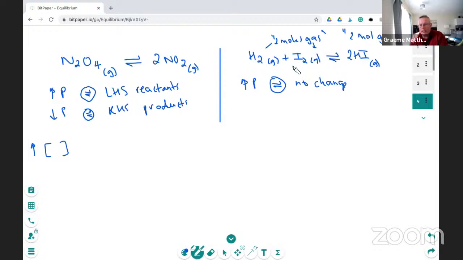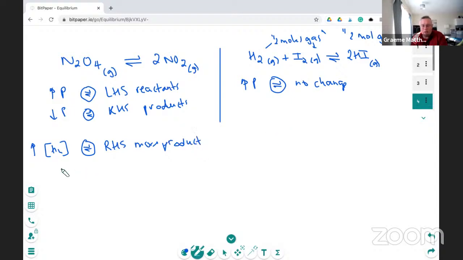But if I look at the one with hydrogen and iodine, if I increase the concentration of hydrogen, it's like I'm adding a reactant, so my equilibrium position is going to move to the right-hand side and you form more product. We'll get into this now when we talk about the Haber process.